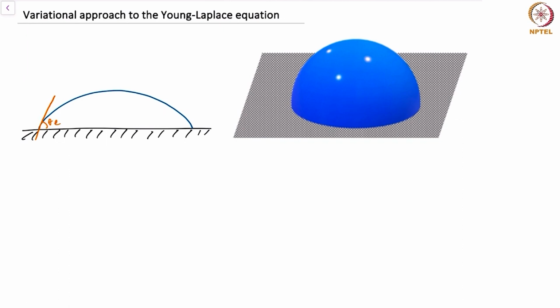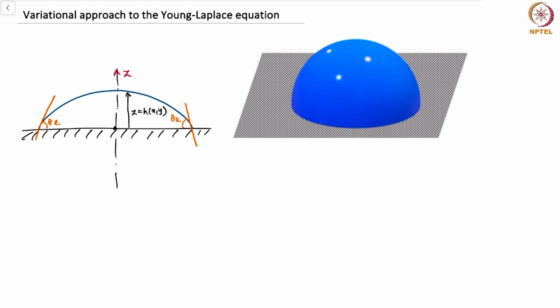Let's call it theta E. Further, we will choose a coordinate system in such a way that Z is pointing upwards. And at any given location, the height of the droplet is given by the expression Z equals h of x comma y, where h is the height of the droplet at that particular xy location.